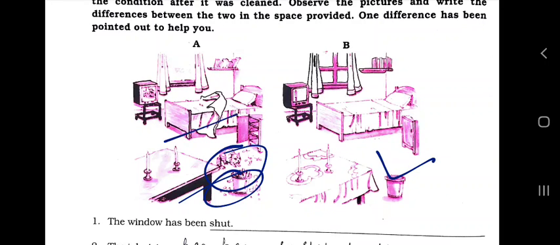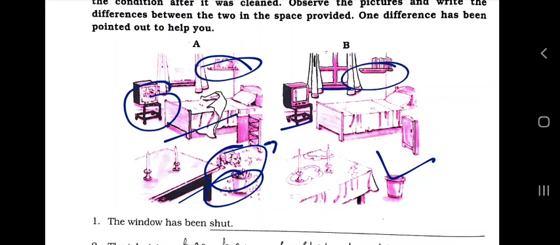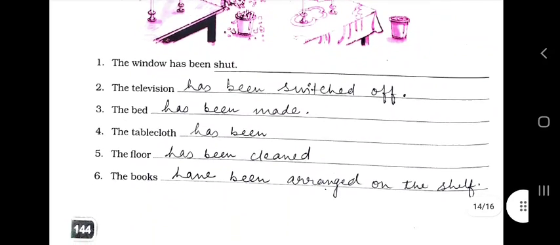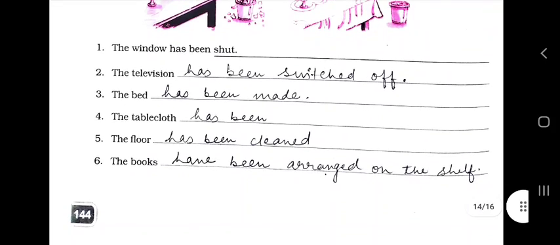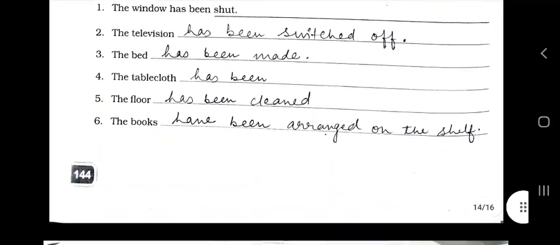The bed is made, the almirah, this TV is on, and here the TV is off, the curtain, the window is closed. See the condition of the books. So there are things that you can see. This cupboard, you can see it, and you can fill in according to the picture.